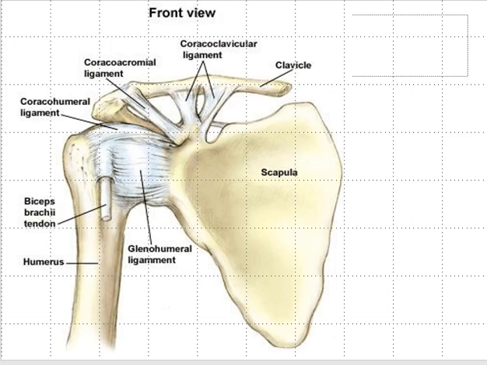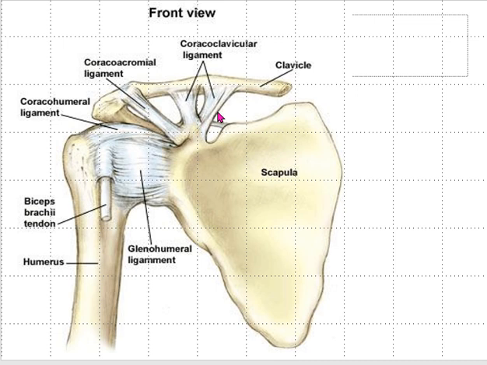Three ligaments are attached to the coracoid process: coracohumeral ligament to the root, coracoacromial on the lateral border, and coracoclavicular ligament.